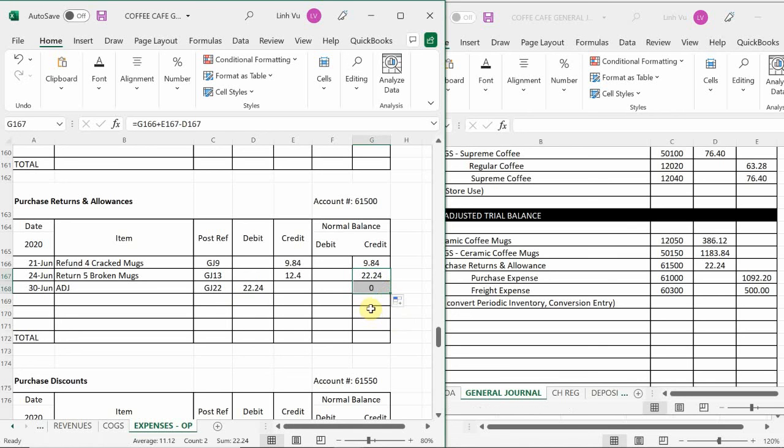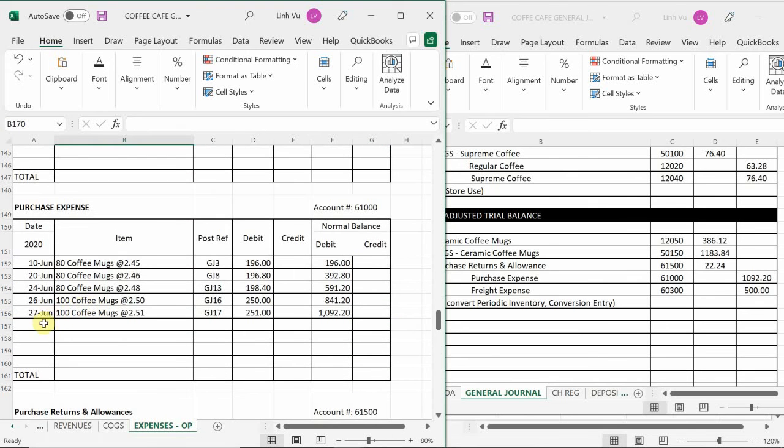Okay. We're going to credit our purchase expense. Here we are, purchase expense. We're going to credit for the $1,092.20.